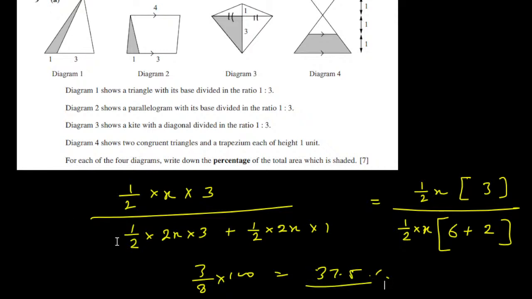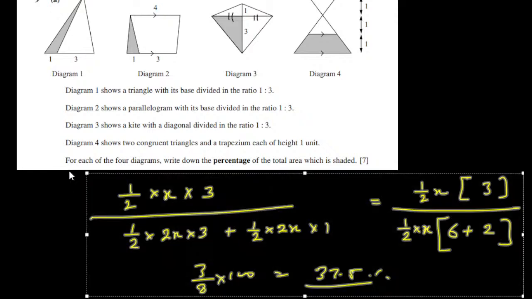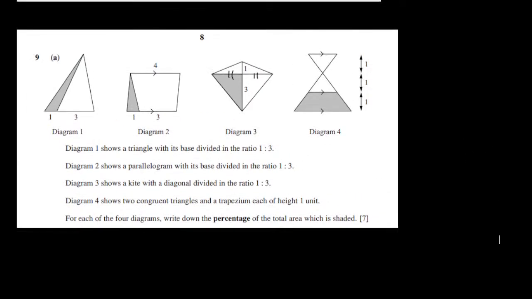And the last one, this trapezium one. Now for this trapezium, there are two triangles. Say if I name it, this is A, B, C, D, E, F, G. Okay, now in this particular figure we have to work out the shaded part and the total area.